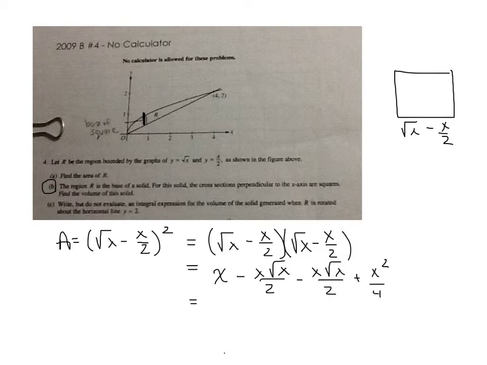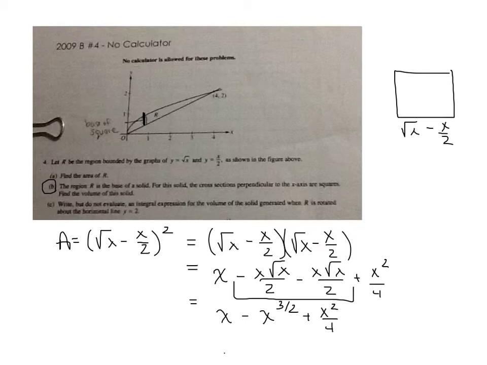And you end up with x minus x to the 3/2. These two combine to x square root of x divided by 2. The 2's cancel. And you're left with x square root of x, which ends up being x to the 3/2, plus x squared over 4. So that's the area of each square.